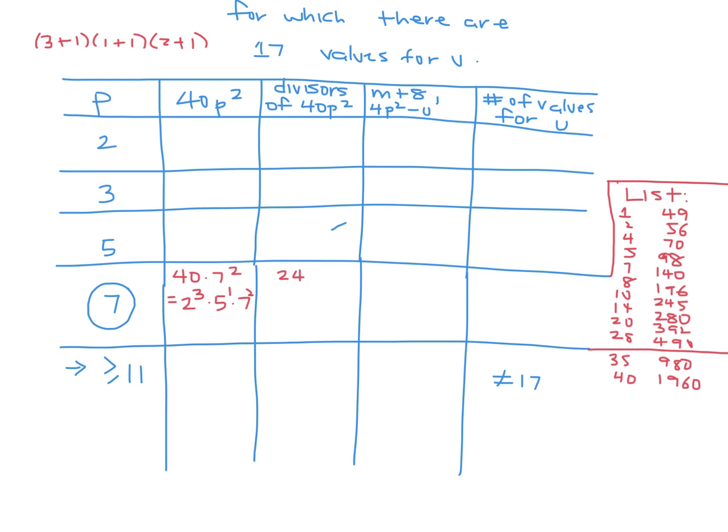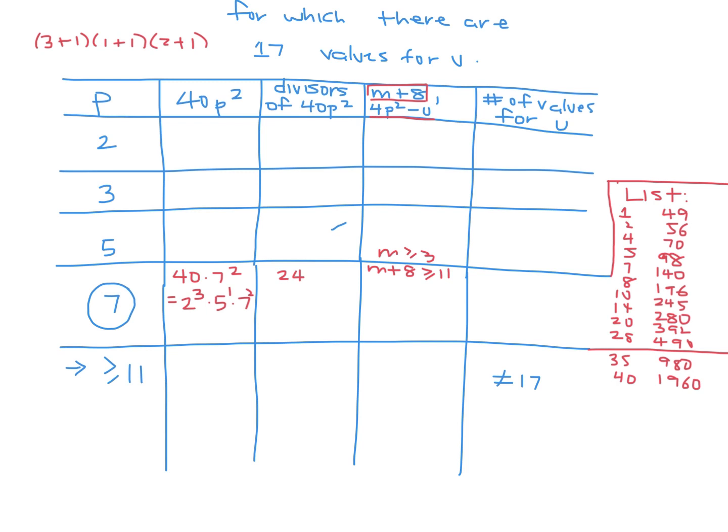Okay, so now you have to remember that we have to now look at this guy and this guy, right? And also keep in mind that m was greater than or equal to 3. So if m is greater than or equal to 3, then this m plus 8 would be greater than or equal to 11, right? Just based on the parameter that they give us very early in the question. So if m plus 8 is greater than or equal to 11, we can immediately eliminate some of these guys.